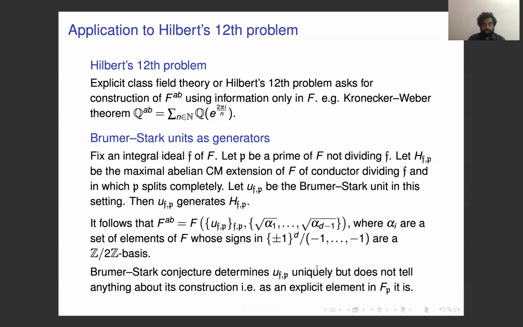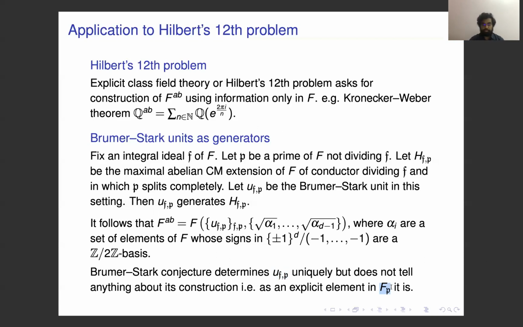Okay, so the Brumer-Stark conjecture tells me that these things are uniquely determined, but it doesn't tell me anything about how to construct them. So this is an element of H, and I can look at its image in H completed at capital P, which is the same as F completed at capital P. I can ask what this element is as an element in this local field F_P.